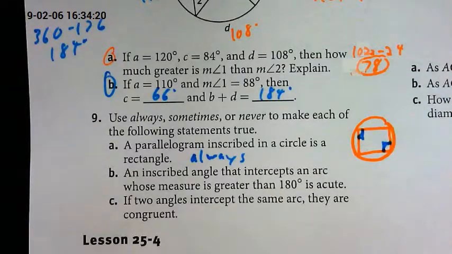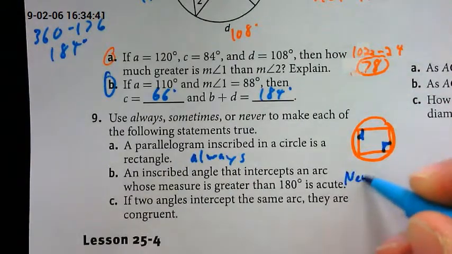What would happen if your arc was greater than 180 and you divided by 2? It would be over 90. So it's not acute. It would have to be obtuse. So this one is never true.